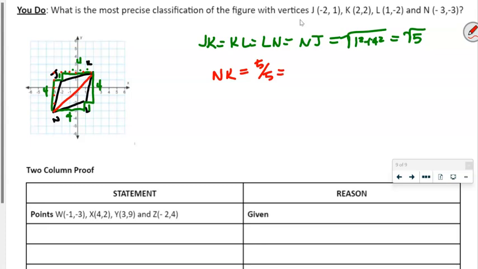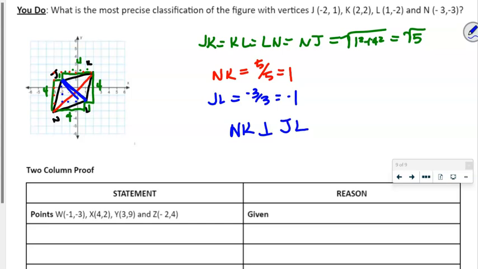So what should the slope of JL be? If that's it. So let's count. 1, 2, 3. We know that's falling, right? So JL is -3 over 1, 2, 3, over 3. So that's -1. So what can we say about NK? NK is perpendicular to JL, right?